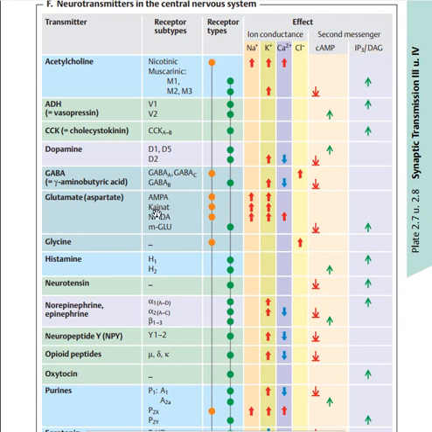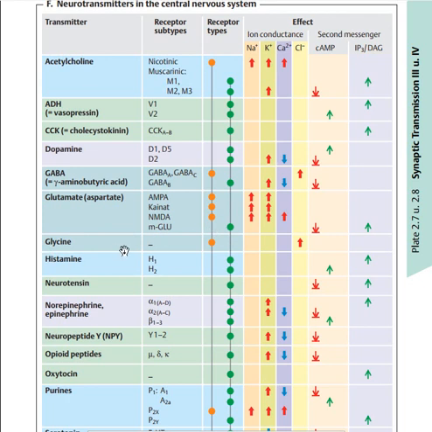Glutamate has AMPA, kainate, NMDA, and mGlu. The first three are all ionotropic receptors. mGlu is a metabotropic receptor. Since it increases these ions, you see that it is going to be much more activatory compared to this one here.